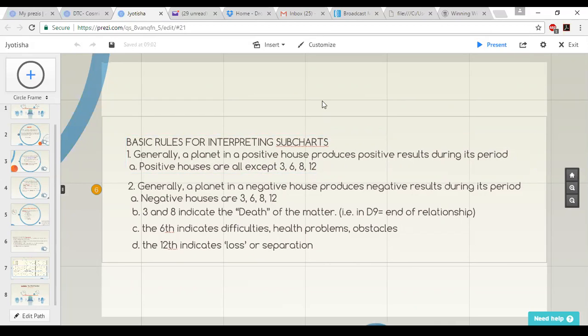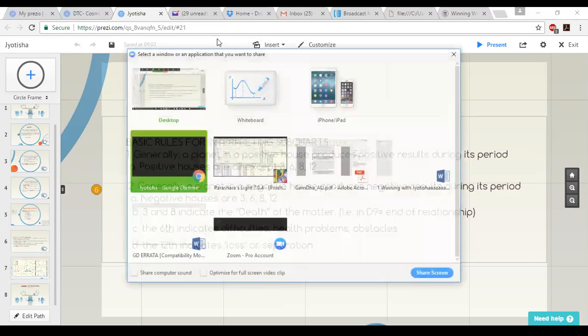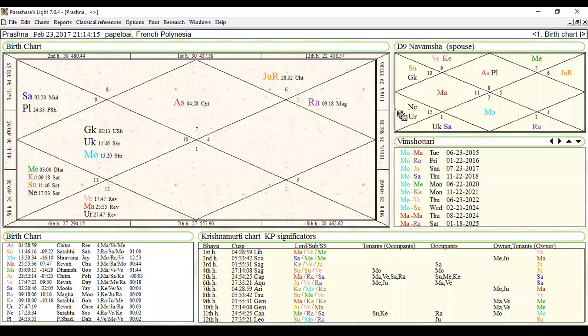Now, these are rules that were put down by an astrologer named Iyer, Sheshadri Iyer. But these are basically extrapolated from his system, but also work in general. So if you have a planet in a positive house in the subchart, it will produce positive results for that matter. Let's go there.